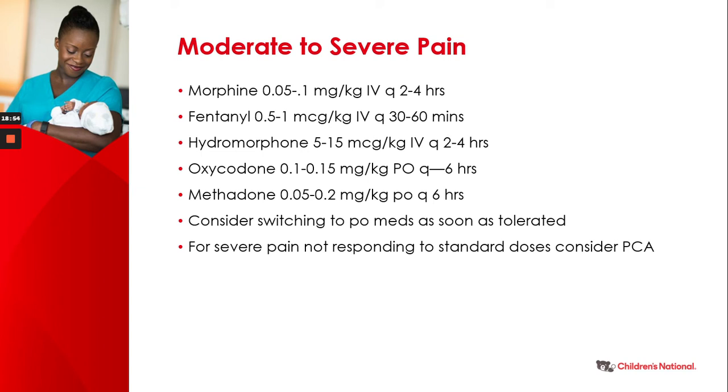My overall strategy in using opiates is I try to avoid using short-acting opiates unless for very short periods, and I try to get patients on longer-acting agents as soon as possible. So as soon as a patient can take PO, we try to get them on oral oxycodone and switch them to long-acting agents. But if they're still having pain, you should not be afraid to consider IV narcotics if needed.